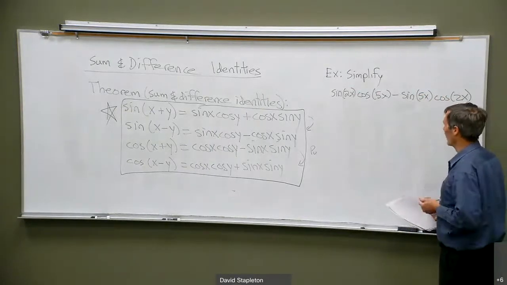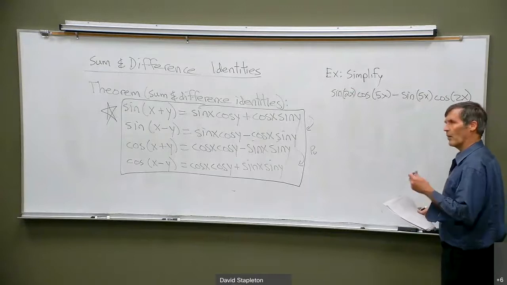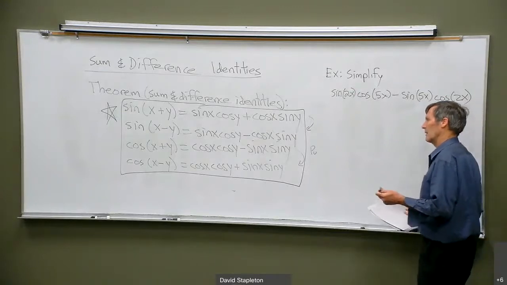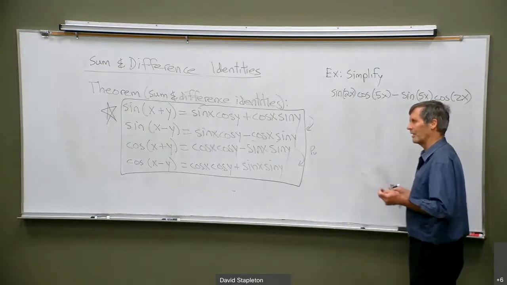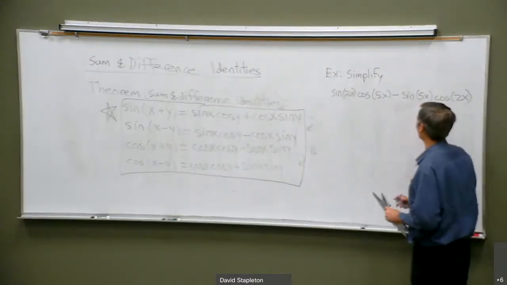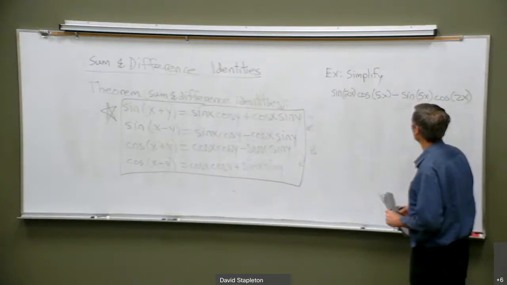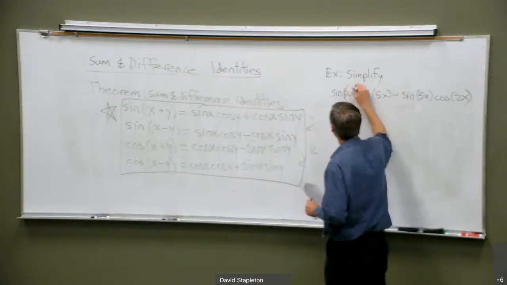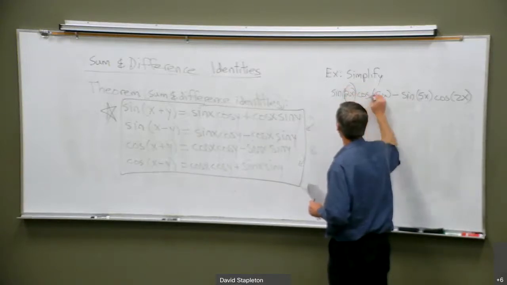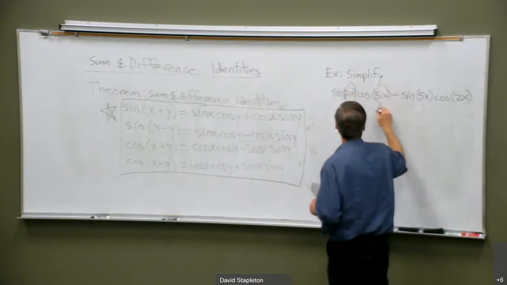Here's what I call the duck rule. If something waddles like a duck, and it quacks like a duck, and it swims like a duck, it's probably a duck, right? So what does this look like? If I think back to this thing here, and I think of this as some other angle alpha, and this is some other angle beta.